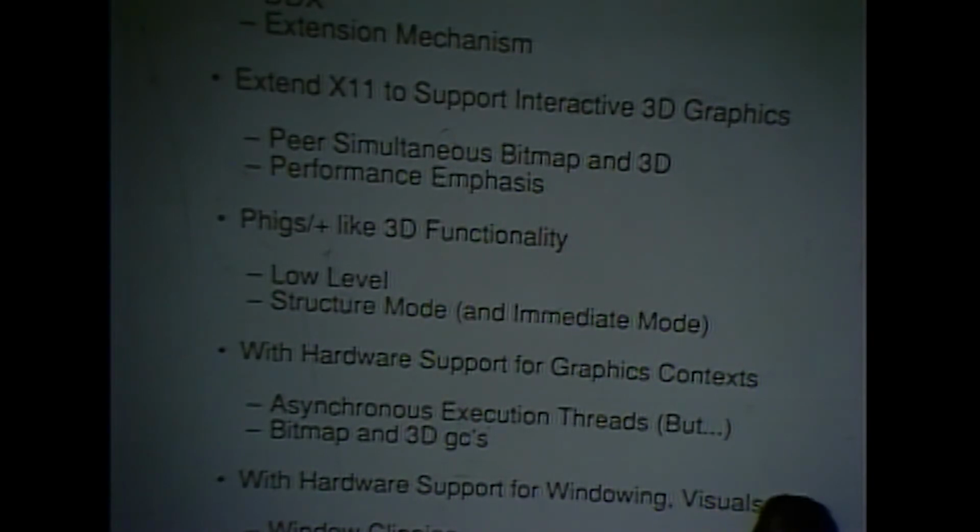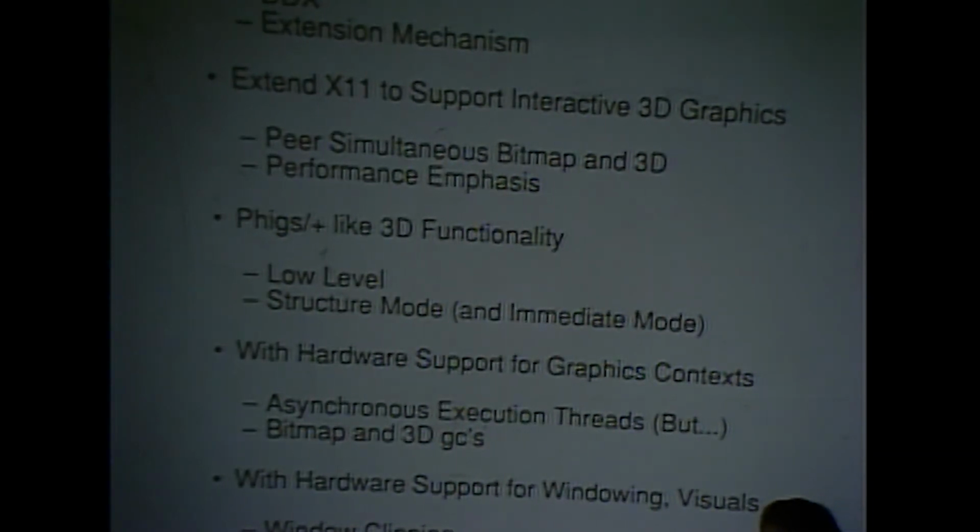The hardware that we were working with had a lot of support for graphics context. It could provide asynchronous execution threads, but that was another thing that we looked at, did some initial design, and didn't complete the implementation on. And there are separate bitmap graphics and 3D graphics contexts.